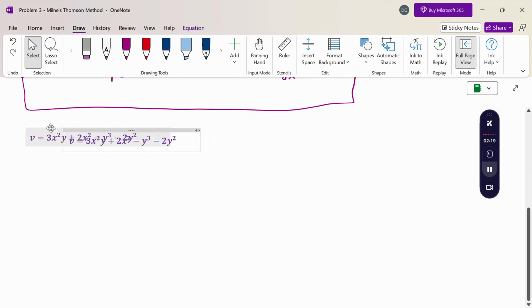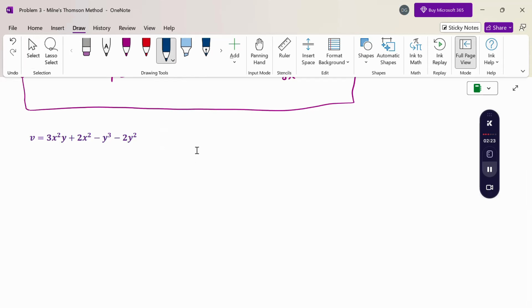This is the v value. Now the partial derivative with respect to x, vx. Here x square is the only variable, 3y is constant. Therefore 3y constant, x square differentiation is 2x, plus 2 constant, x square differentiation 2x, then the y terms are constant, so that term is 0.